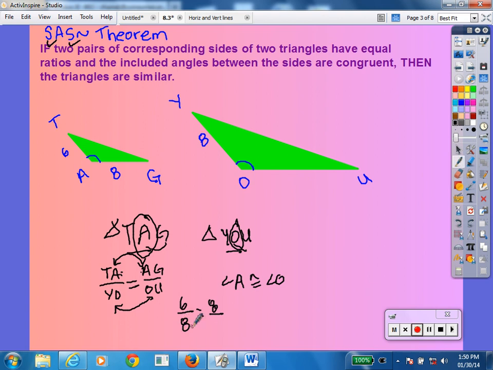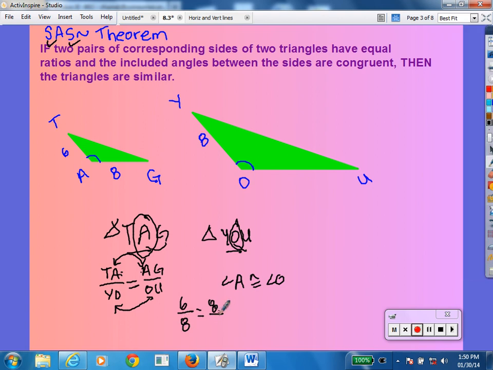So 8 times 8 is 64. So we're going to need a number right here. Let's figure out what it has to be really quick. So 6x equals 64. We'll divide by 6. So x equals 10 and 4/6.